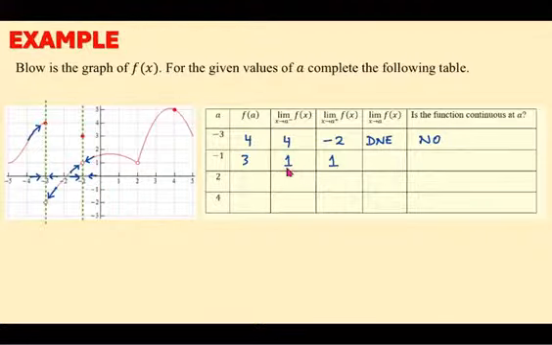So these two limits are the same. The left-hand limit and right-hand limit are the same, meaning the limit exists here, and it is equal to 1. But if you look at the limit of the function and the value of the function, they are not the same. If the limit of the function and value of the function are not the same, the function is not continuous. So no.